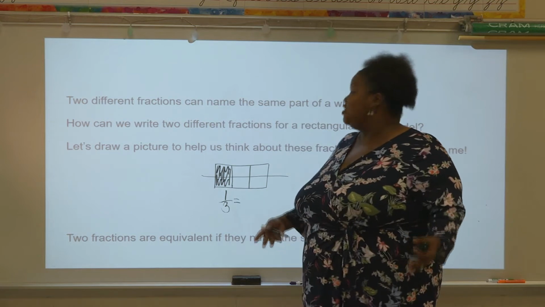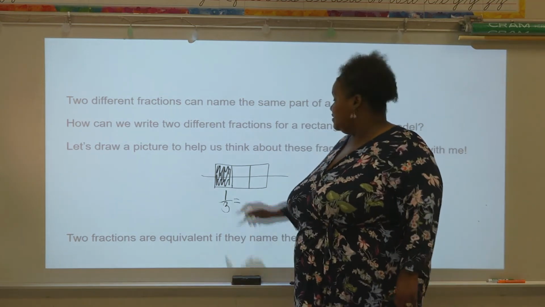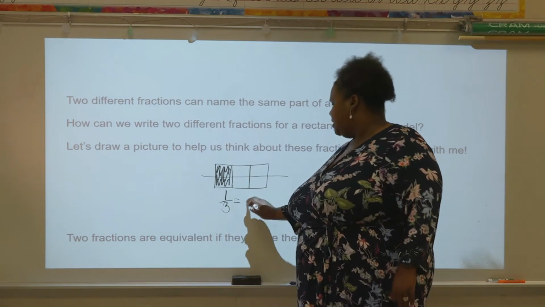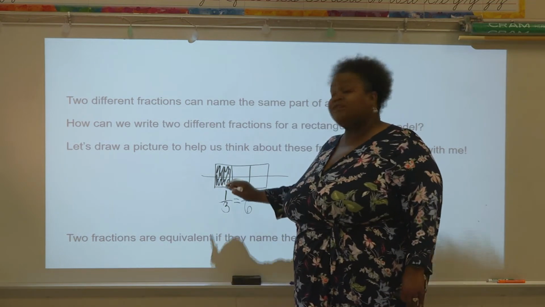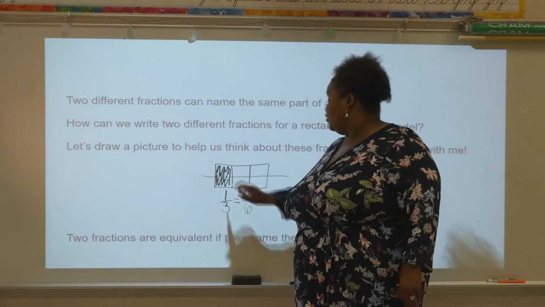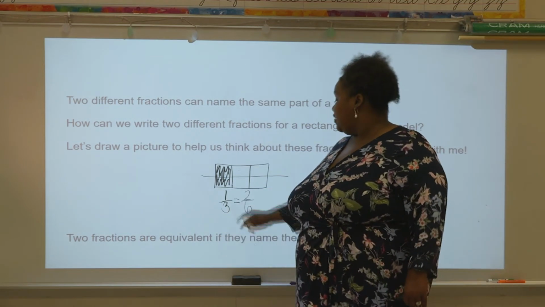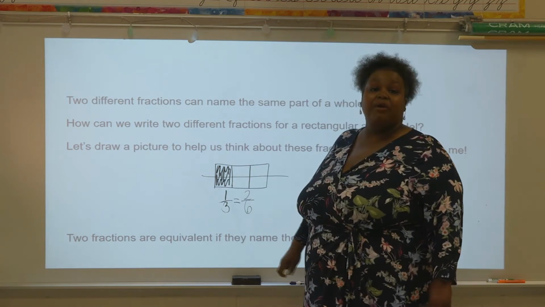Let's see what new fraction we can come up with now. I'm going to count my equal pieces. 1, 2, 3, 4, 5, 6. Oh, my denominator is 6 now. How many are shaded? That's going to be my numerator. 1, 2. So I just discovered 1/3 is equivalent to 2/6. And my area model helped me.